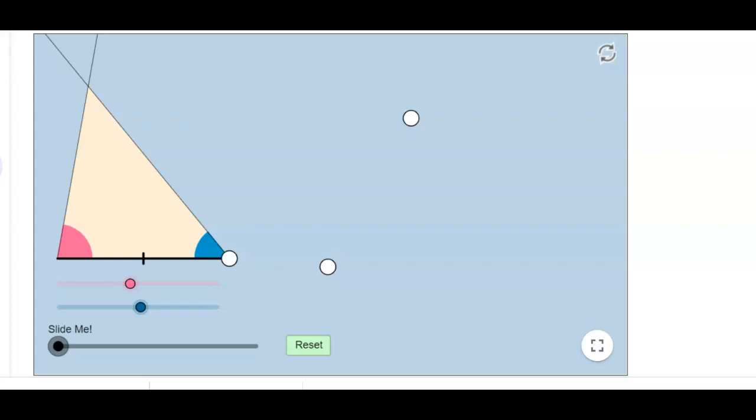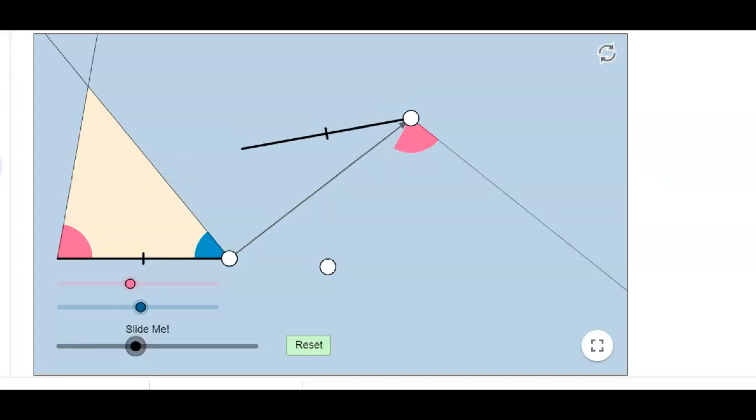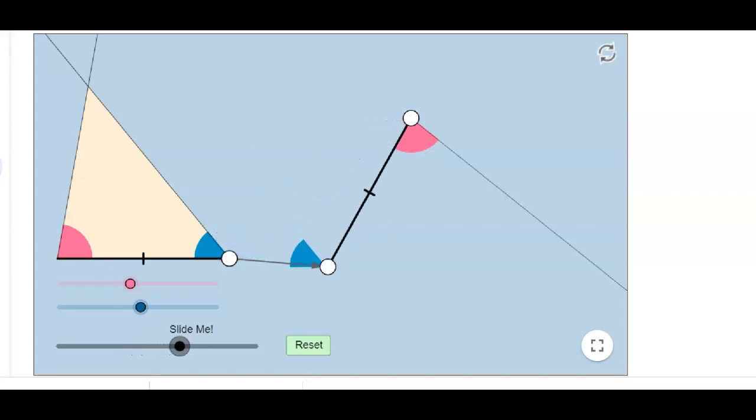I'm going to grab this slider and drag angle A over here, then drag the side there, rotate it a little bit, and then the angle here. And if you notice, those two triangles are congruent.